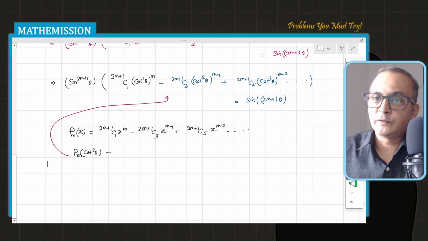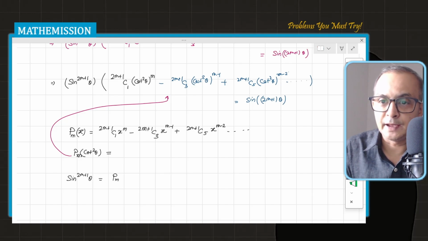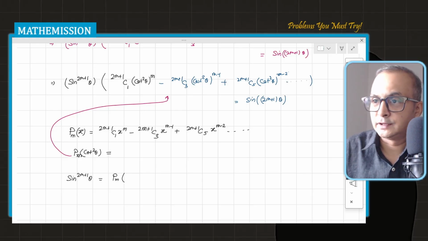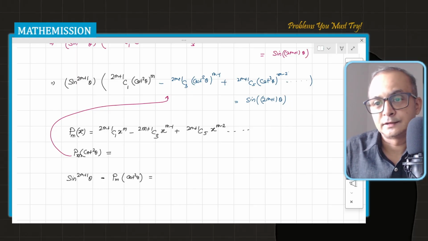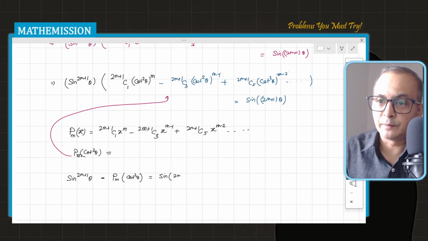So we can now write this entire equation as sine to the power 2m plus 1 theta times P m of cot square theta is equal to sine 2m plus 1 theta.